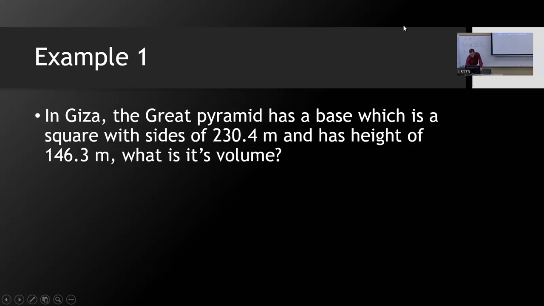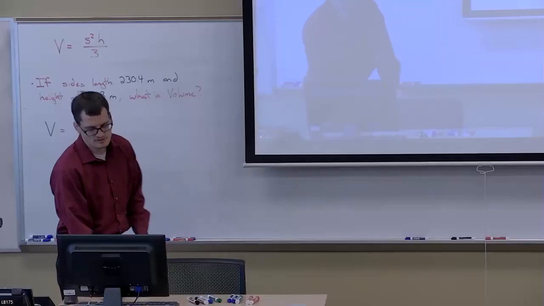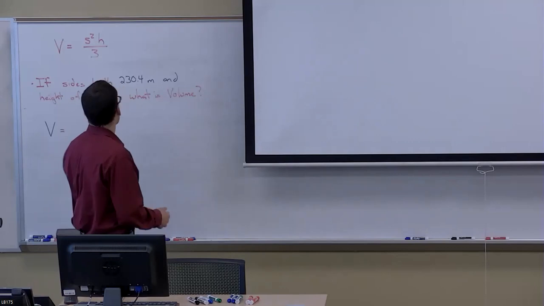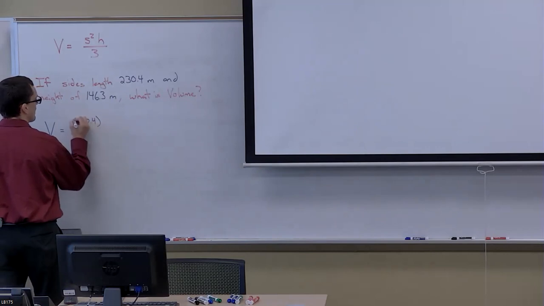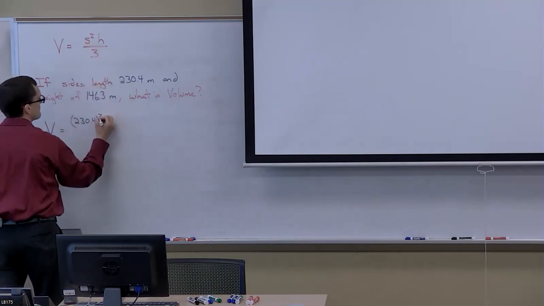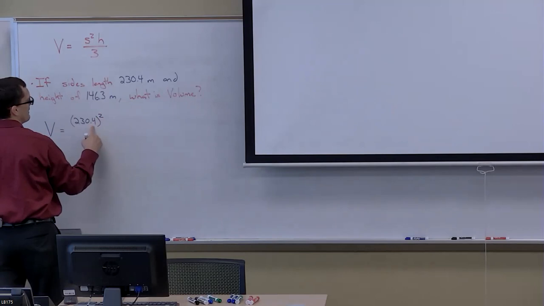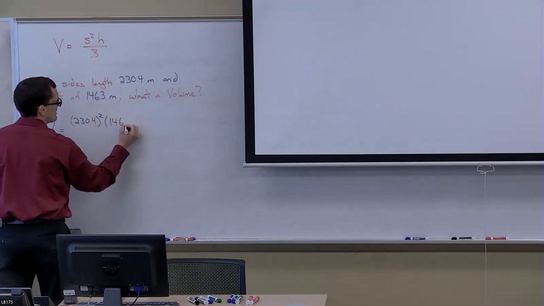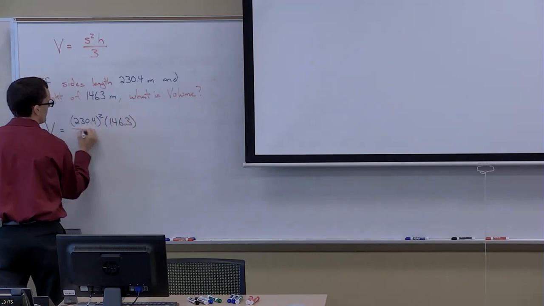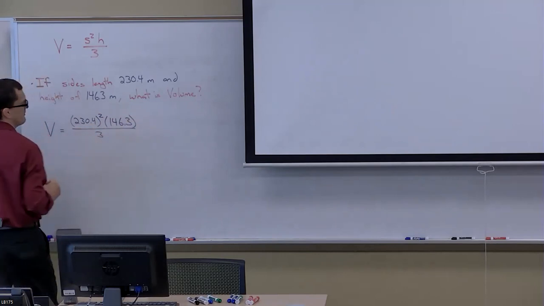All right. So let's take a look at this one. Side lengths are 230.4. So I put that in for my S, square it, multiply by 146.3 because I put that in for my H, and then divide by 3.